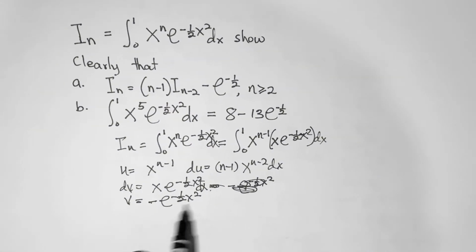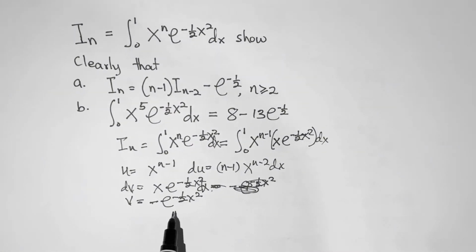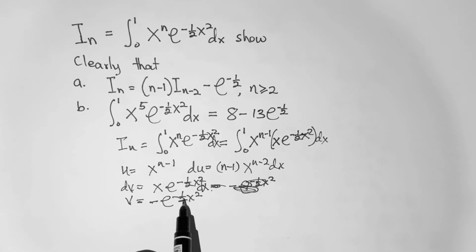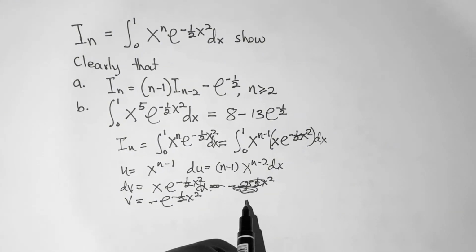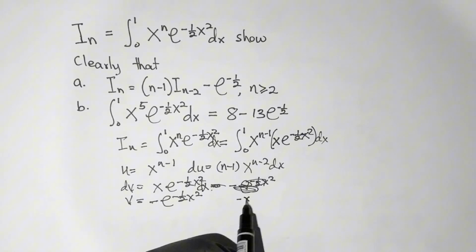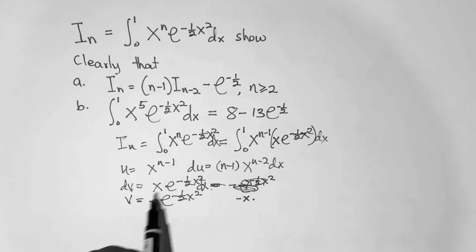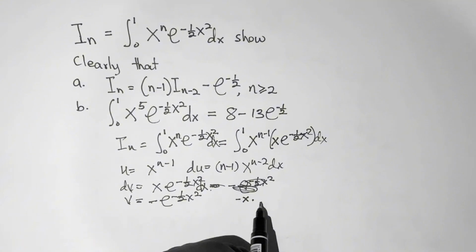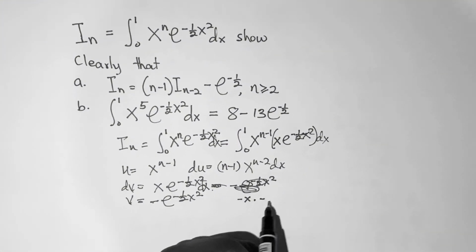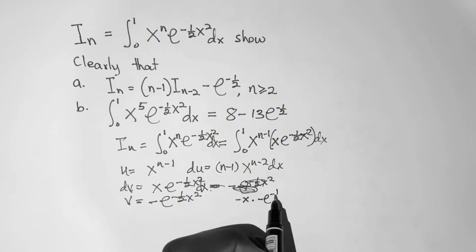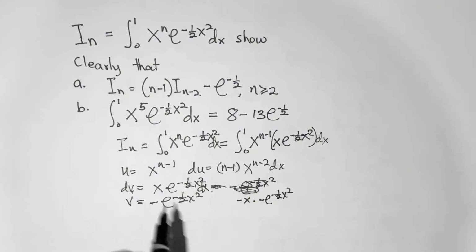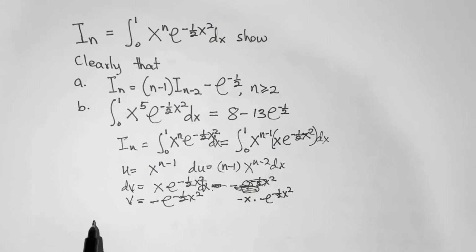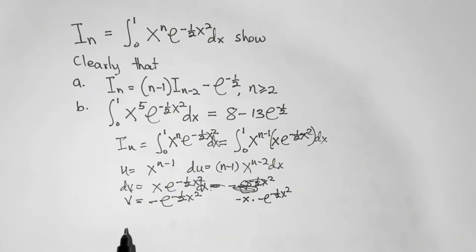Now let's differentiate this and see whether our integral is true. If you differentiate minus half of x squared, you will get minus x, then times e^(-1/2 x^2). So minus minus will cancel, and then we are back to what we started with. So this our v is true.